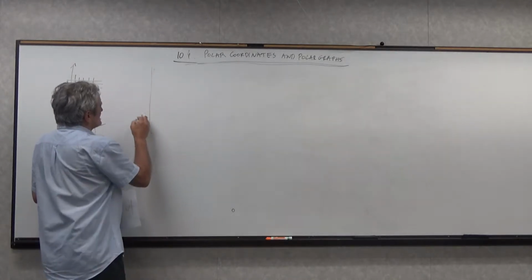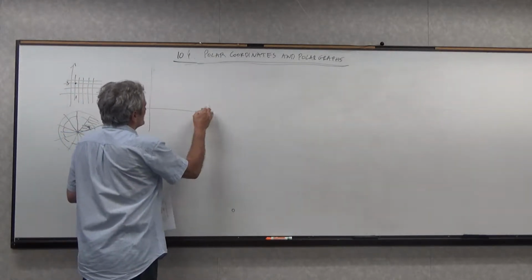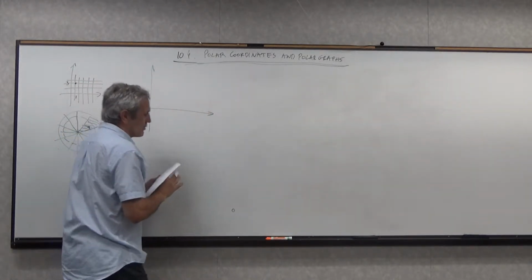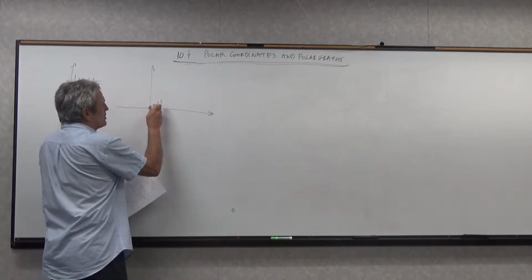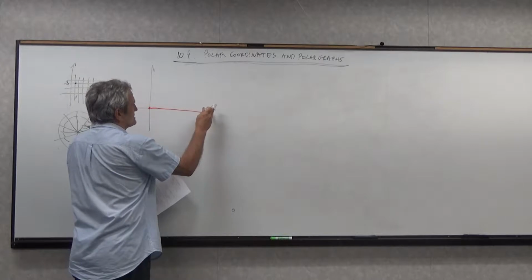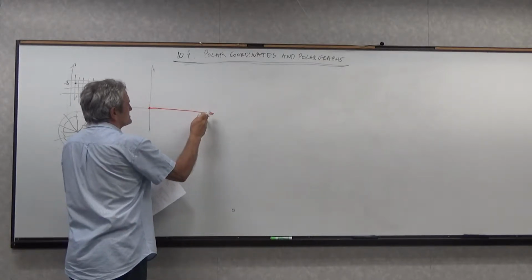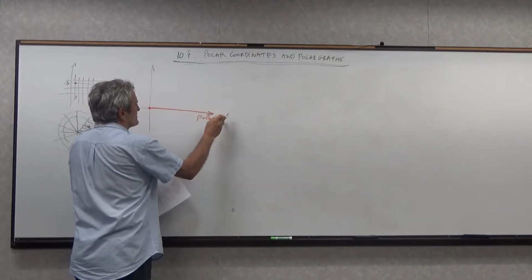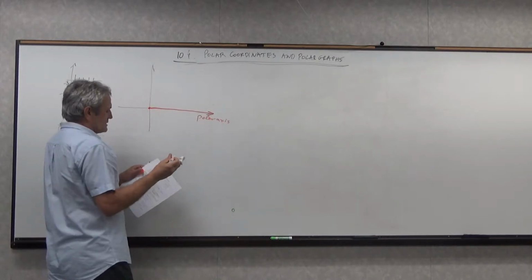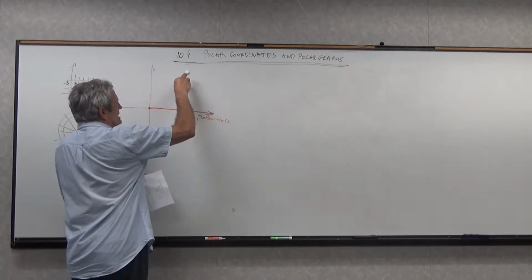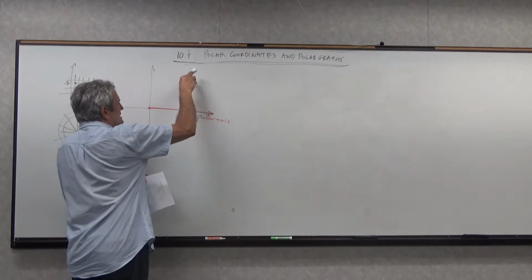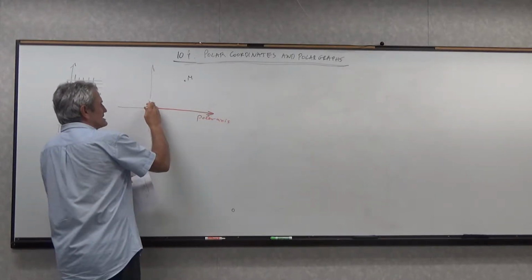So what do you do here? I'll do coordinate system just out of habit, although what we really need here is just this line. It's called polar axis. And when I want to represent a point, so let's say I have a point M, then I report two things.